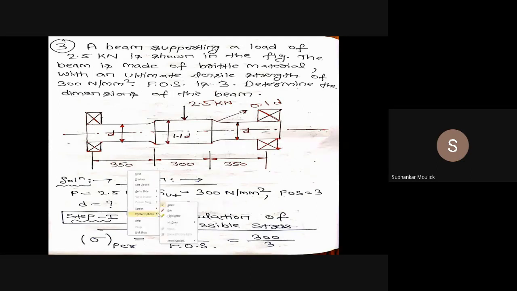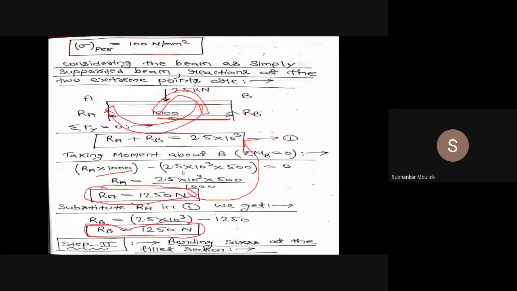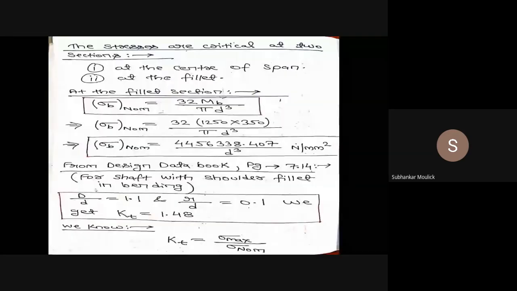What is the value of capital D by d? This is 1.1 times d. This is capital D, and capital D is equal to 1.1 times d. So capital D by small d equals 1.1.